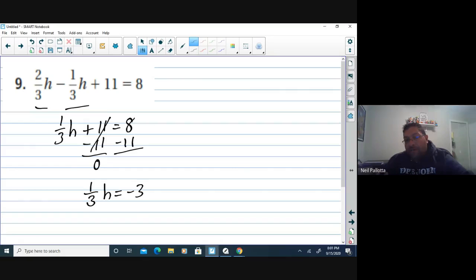Now here, in order to get h by itself, we have to get rid of that 1/3. So we're going to multiply both sides of that equation by 3. On the left side of the equation, those 3's cancel because you have a 3 in the numerator and a 3 in the denominator. So you're left with 1h is going to be equal to -9.